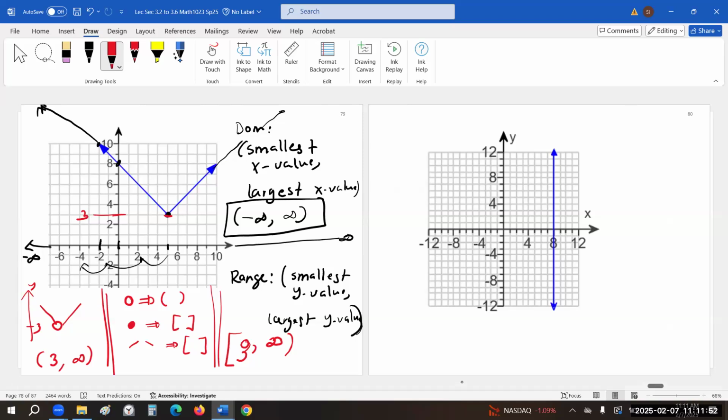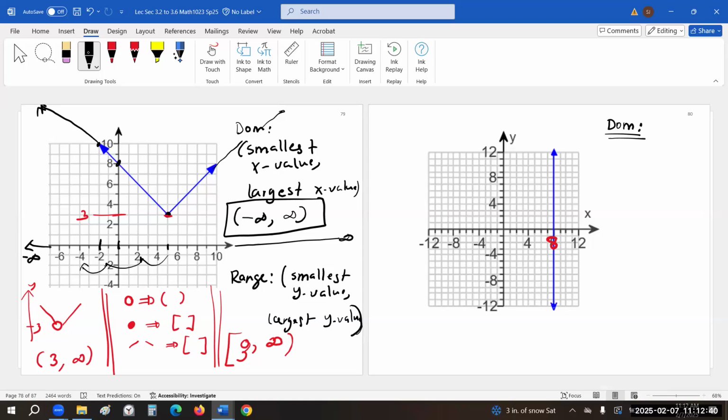Try this one. This number is 8. It's the x value 8. And I will ask this in the exam.